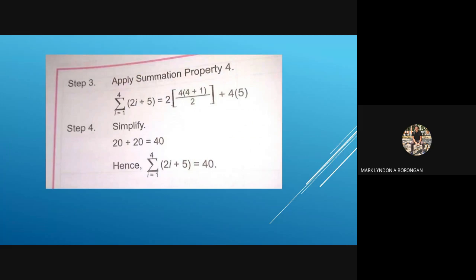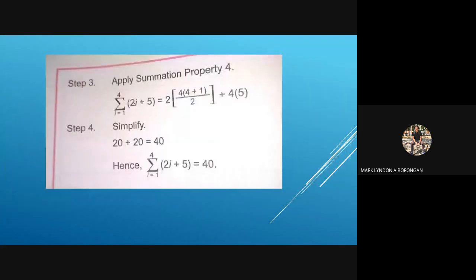Now, why is it like this, sir? It's like this because you're using property number 3. Then the i. The formula for i is n times n plus 1 divided by 2. Since n is 4, that will be 2 times 4 times 4 plus 1 divided by 2.